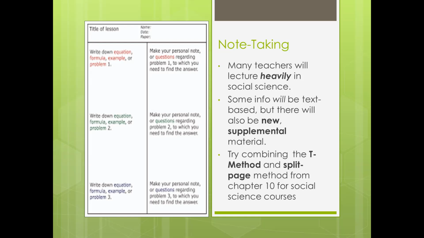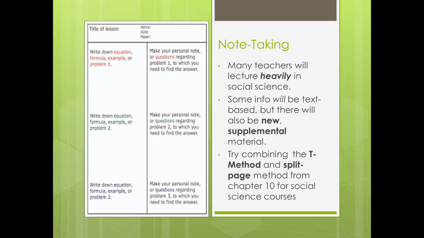So when you think about taking notes for each and every session, it's good to have a title or a date or something like that in mind. Title and date would be ideal. They also suggest you might want to combine ideas from the split page method. That way you can fold the piece of paper over and use it as a testing or quizzing document as well.